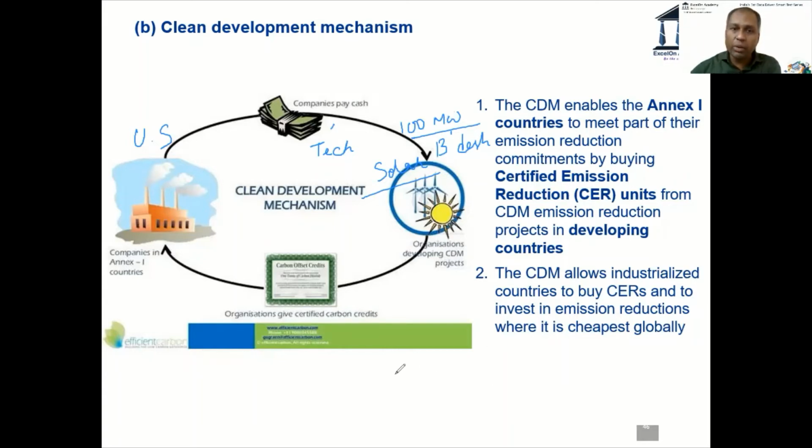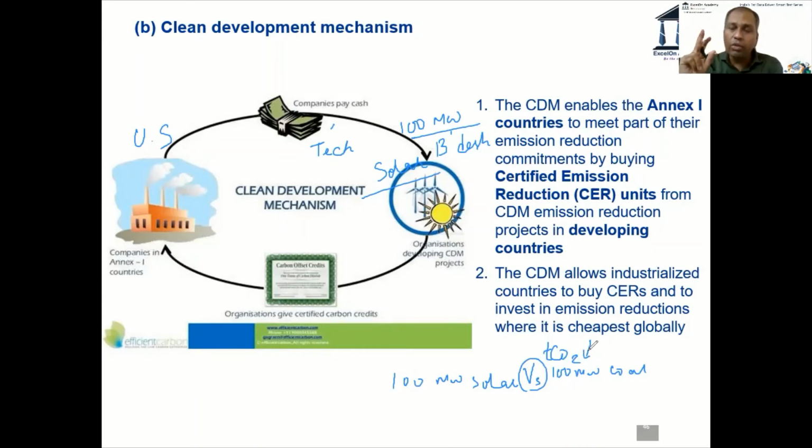They will calculate how much CO2 it saved had it been 100 megawatt of coal. That's easy to do. Technically that can be done. So they will say that this many tons of CO2 has been reduced.